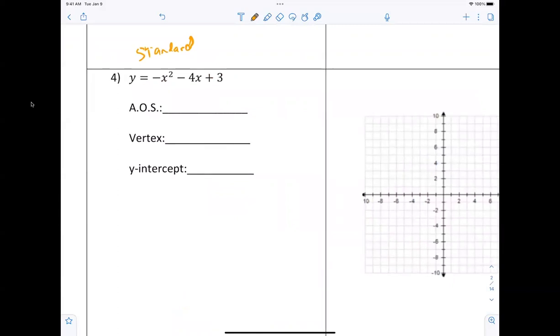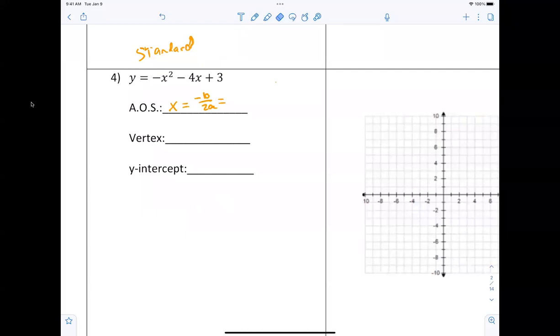How do I calculate the vertex if I don't know the vertex? X equals what? To find the axis of symmetry, X was equal to -b over 2a. Let's see if anybody remembers what -b over 2a is. What's the answer?